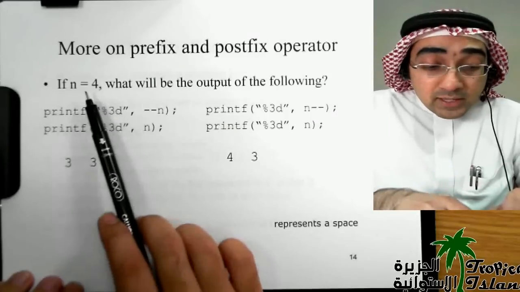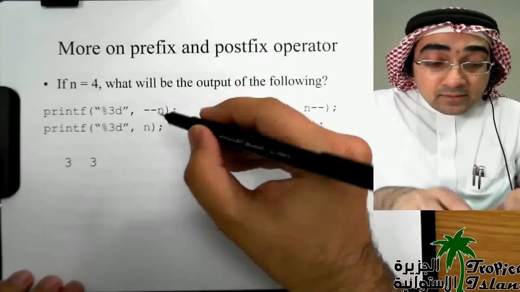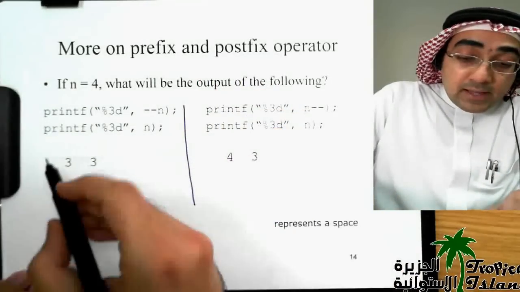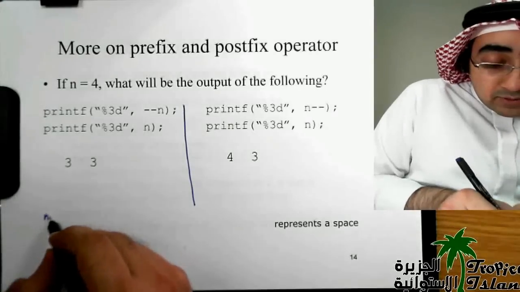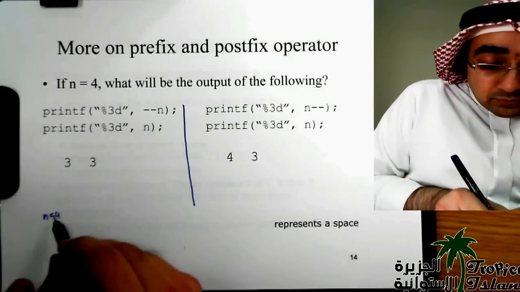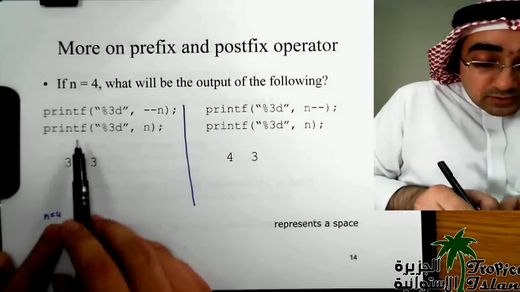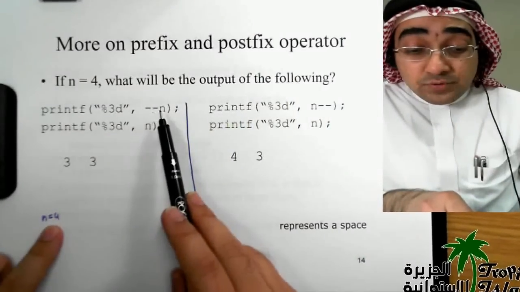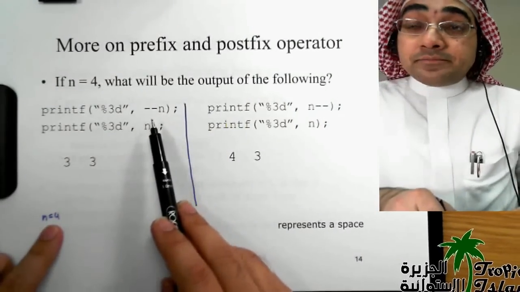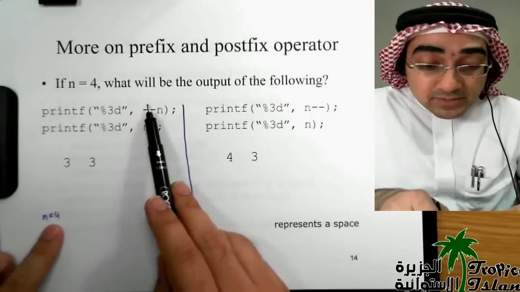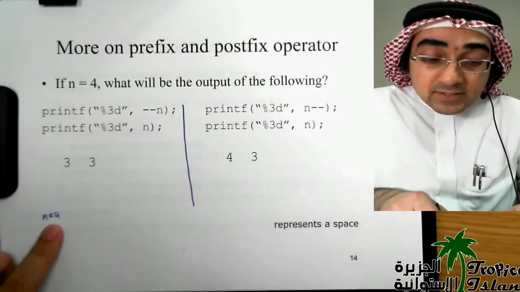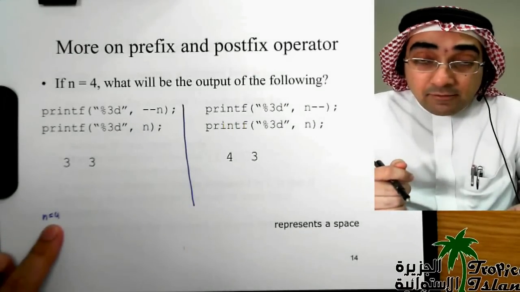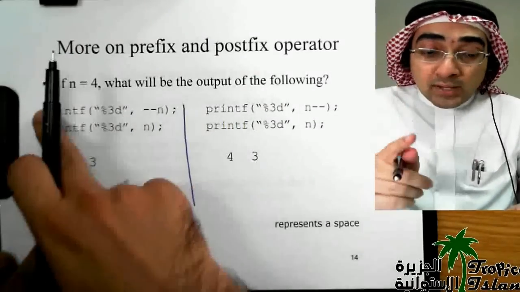So when I come over here, now I have the n for this example. I'm going to draw a line here. So I'm going to just write over here, my n is equal to 4. Okay, so this is my value of n. And then I'm asking you to printf percentage 3d minus minus n. What does minus minus n mean? Since this is on the left hand side, it means decrement the value of n by 1, then do the expression.